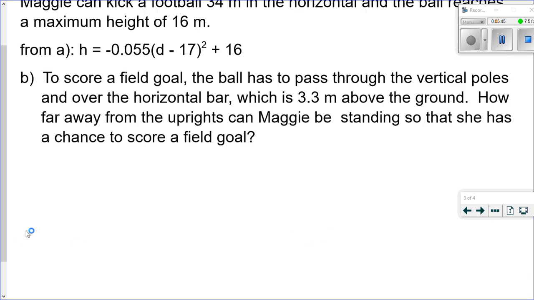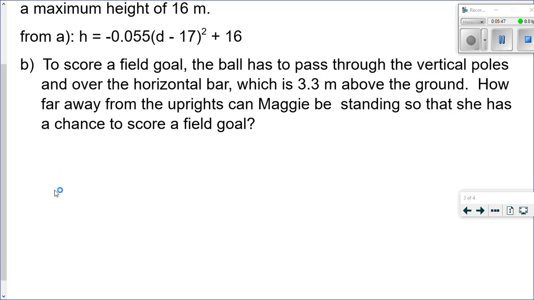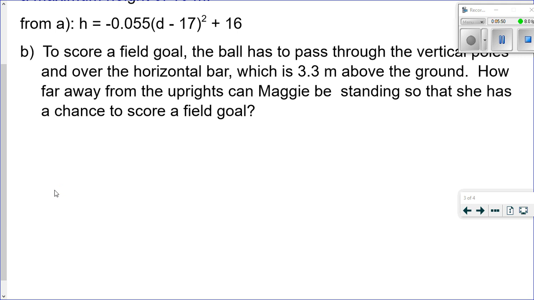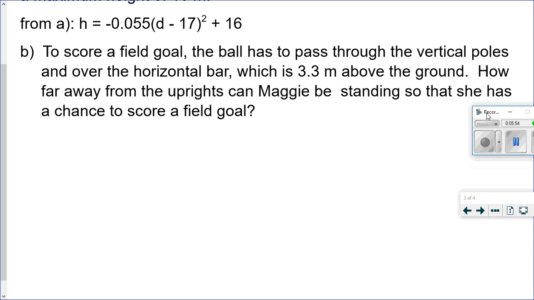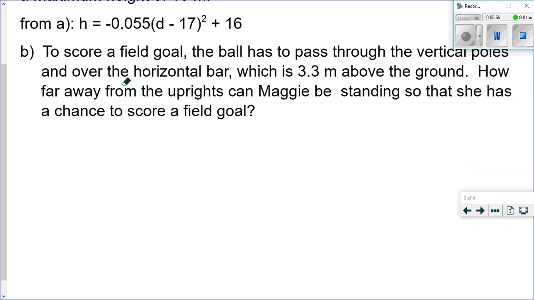Part B, this is just the same equation written out. To score a field goal, the ball has to pass through vertical poles and over a horizontal bar, which is 3.3 meters above the ground.